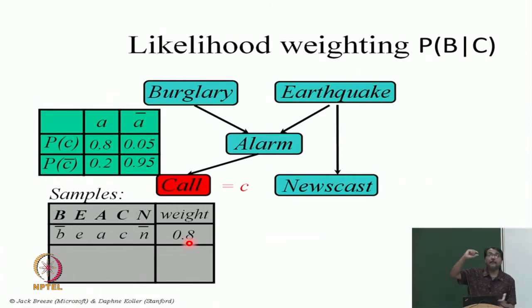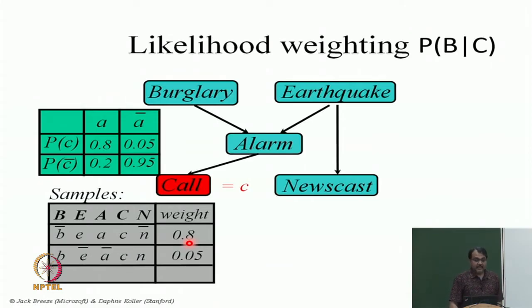This sample is only 0.8 of a sample. This sample could have been 1 if we had allowed ourselves to sample C and C bar, but we did not. So, this sample is only worth 0.8. If there was another evidence variable later, then that weight is going to get multiplied into the first weight. So, we are going to keep multiplying the weights.